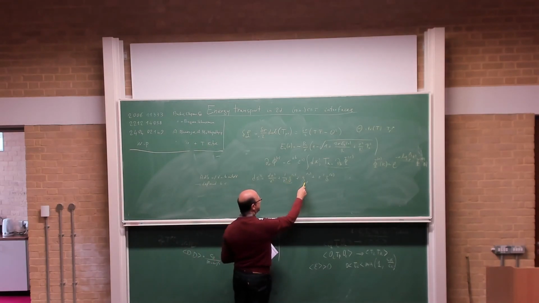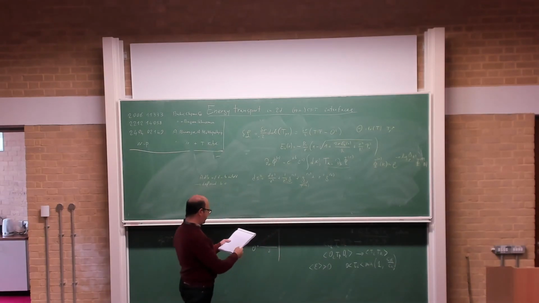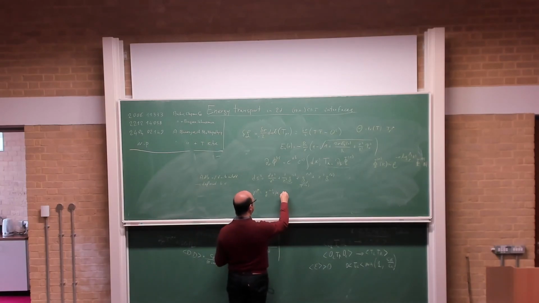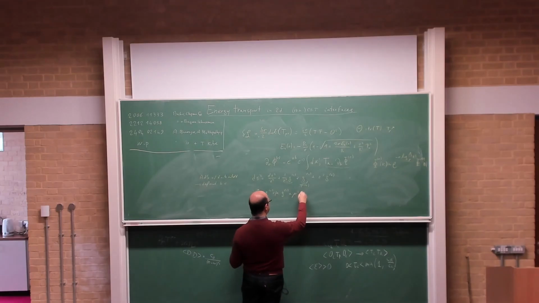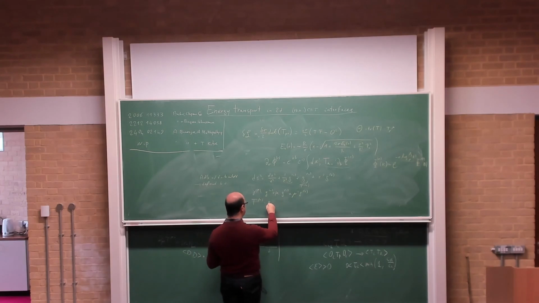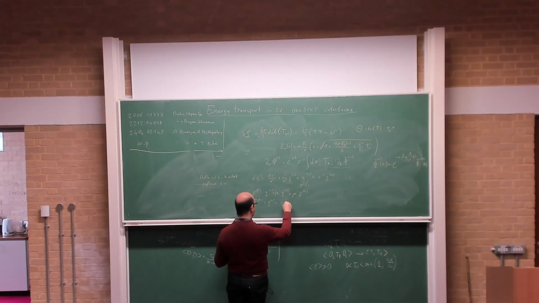This is the stress tensor, so I call it T0. Now in the deformed boundary condition, the boundary metric is g0 plus mu g2 plus mu squared g4, and the deformed stress tensor is g2 plus mu g4.